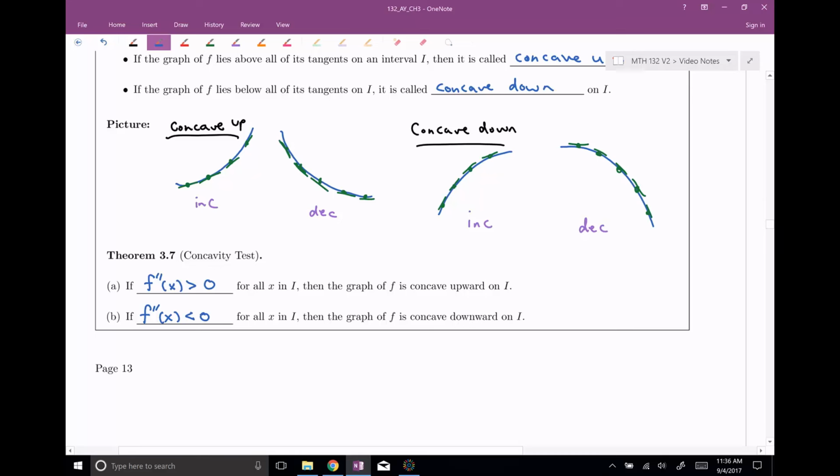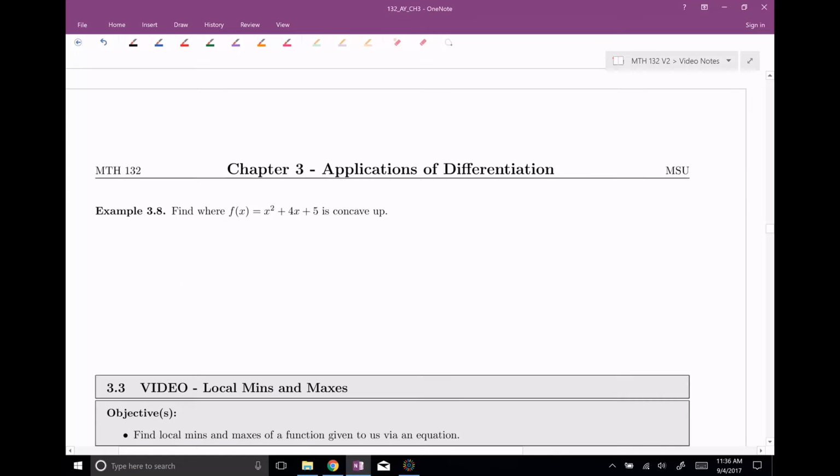So I have one more problem for us here. Find where this function is concave up. So again, concavity has something to do with the second derivative. So I'm going to go ahead and find the second derivative. 2x plus 4, and take one more derivative here, and I'm going to get just 2.